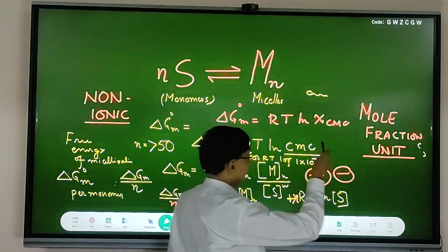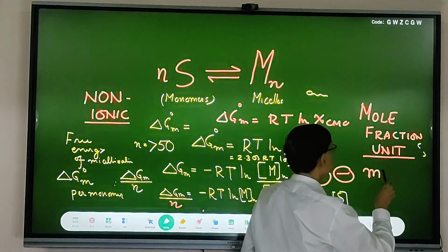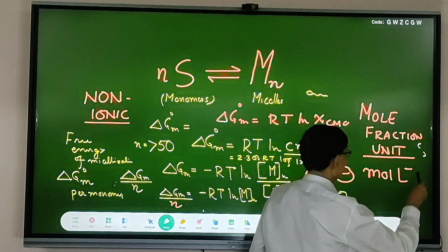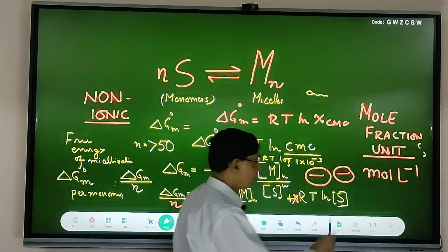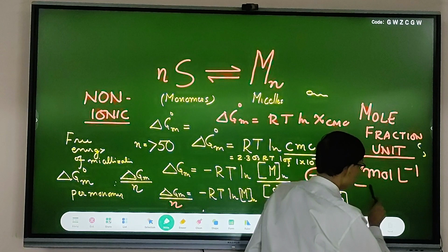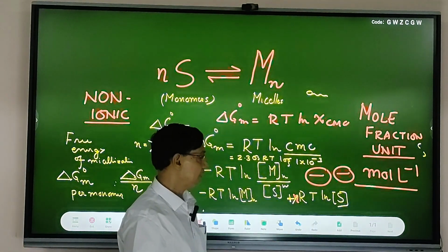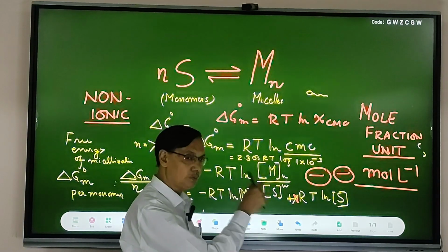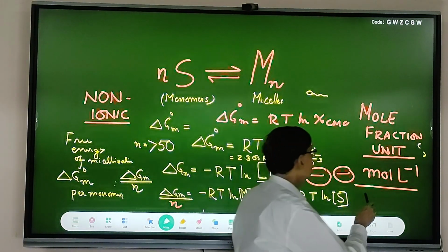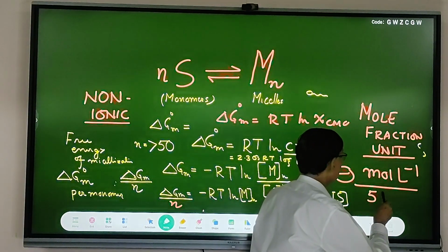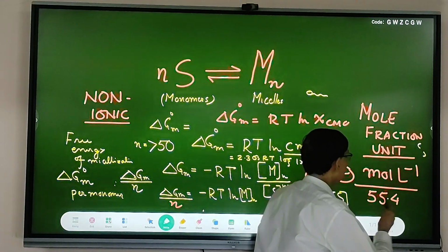If I take the concentration in moles per liter, I have to take the concentration of the CMC in moles per liter divided by the molar concentration of water, which is approximately 55.44.